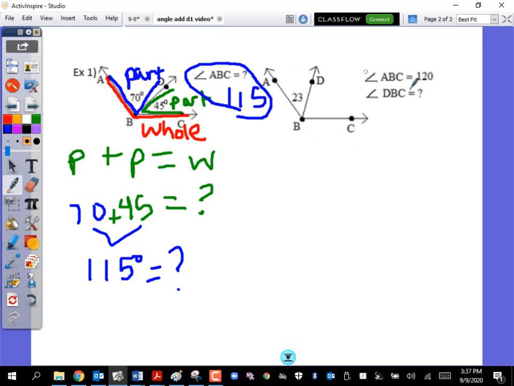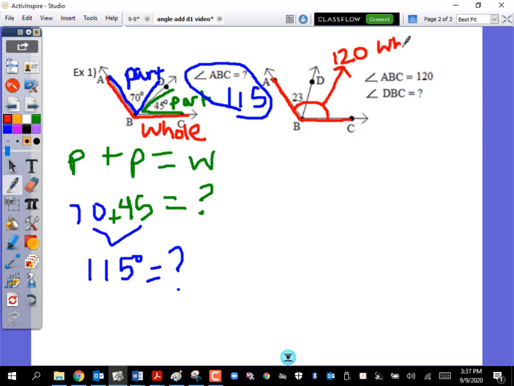If I look at the next question, it's telling me in this one that angle ABC, all of that, is 120. So that's from here all the way to here. I'm going to put a little arrow out here. That's 120. And I know that that 120, that's the whole angle.